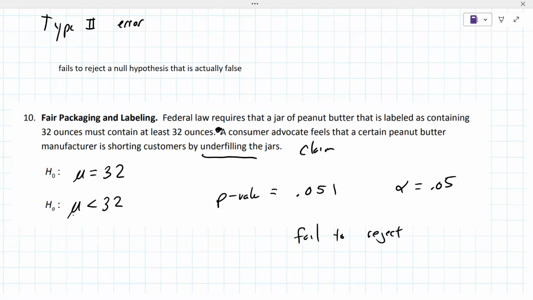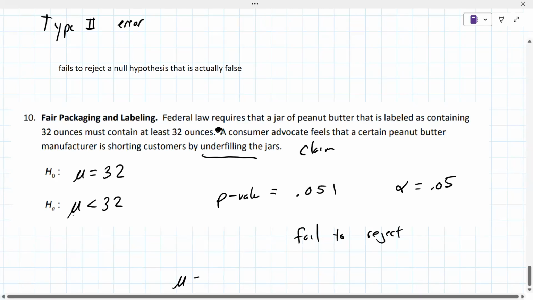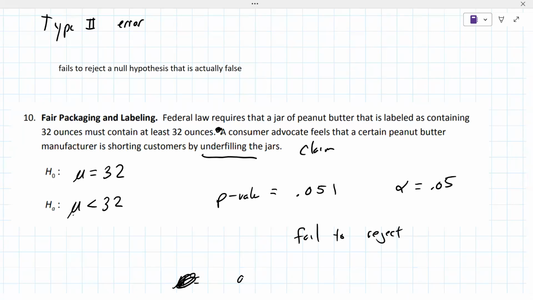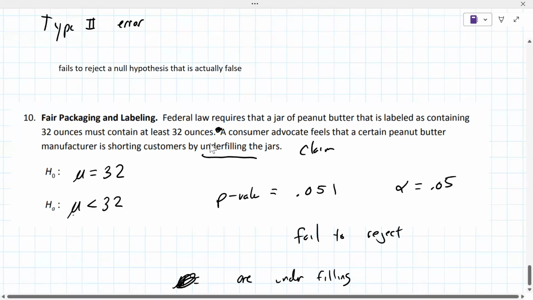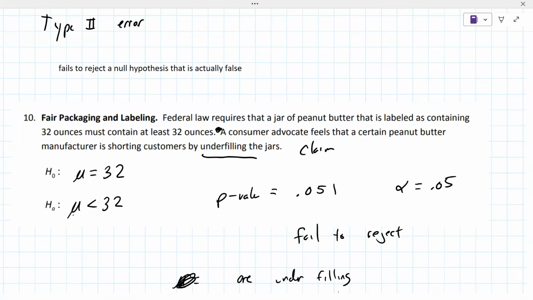But what if you later find out that they actually are underfilling? Is that a type 2 error? Yeah.